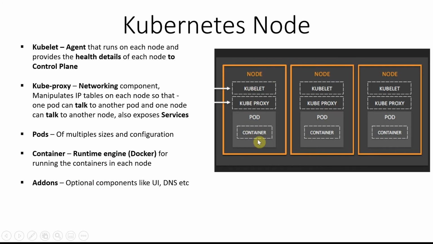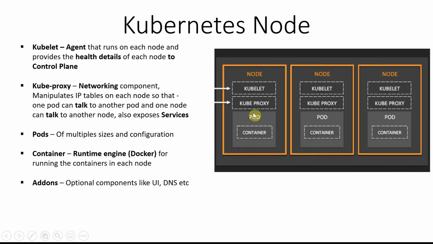But there are optional components in Kubernetes that you can add as add-ons. The add-ons could be a UI; there is a Kubernetes UI also. And also DNS, which is primarily for the domain name service.